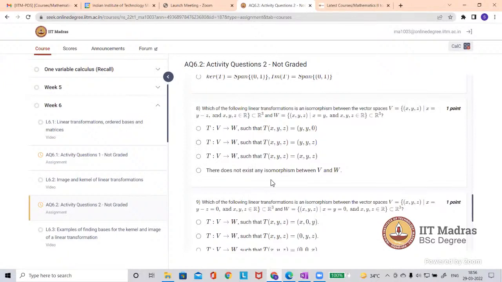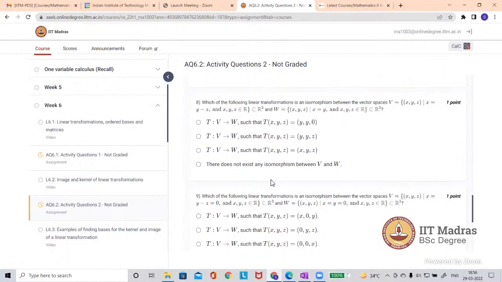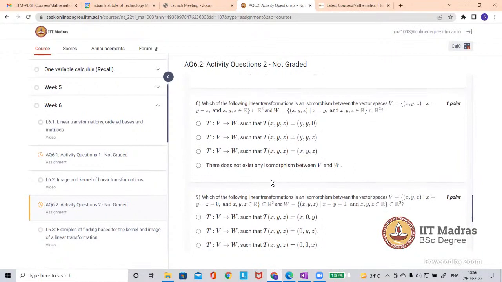For calculating T such that T... Which of the following linear transformations is an isomorphism between these two? I'm just trying it out, equating it to the 0 vector, but I'm still not getting it.